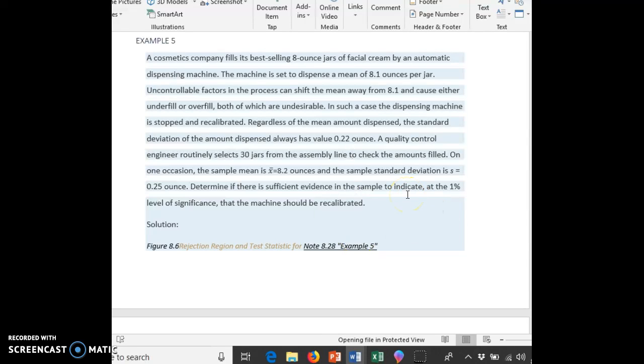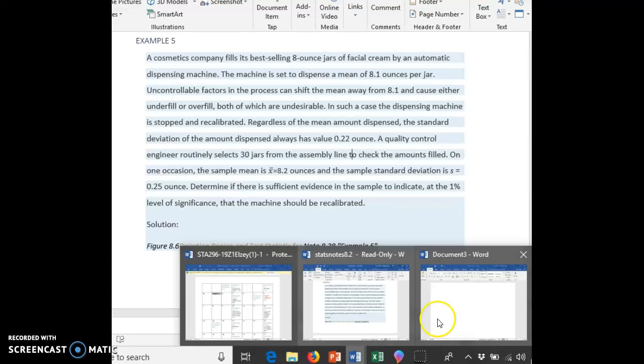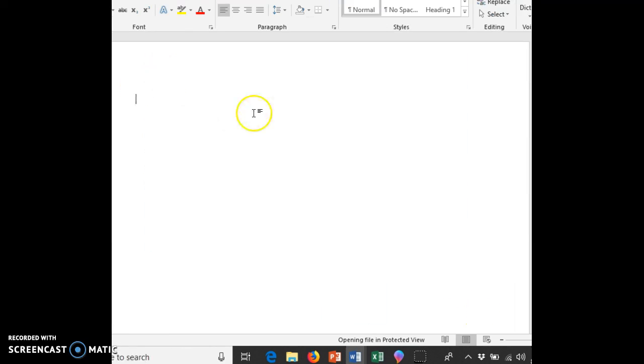All right, so let's first notice that the status quo, what we've been dealing with all along, is the machine is set to a mean of 8.1. So we want that to be our null hypothesis, that the mean mu is 8.1 ounces.